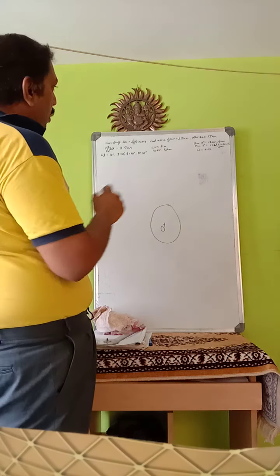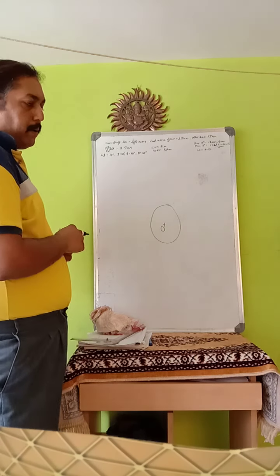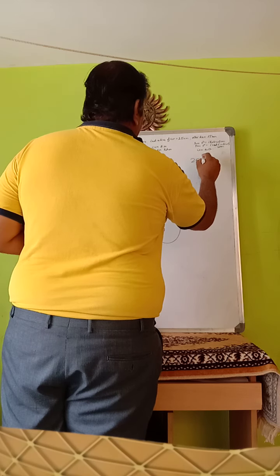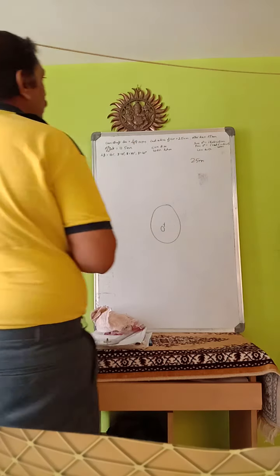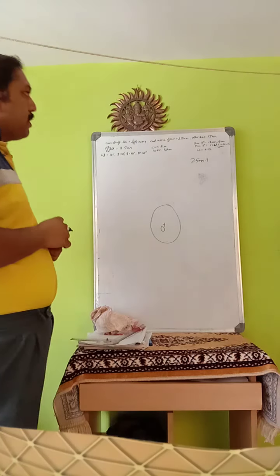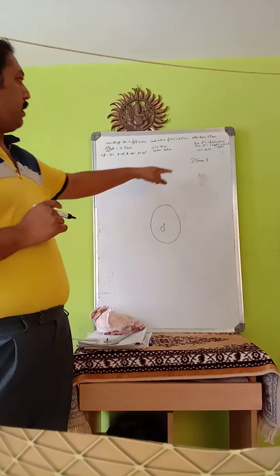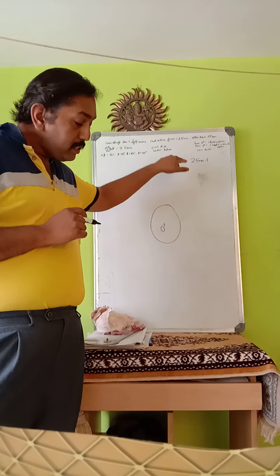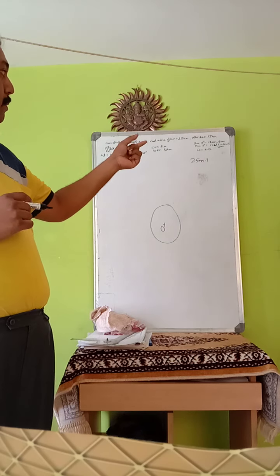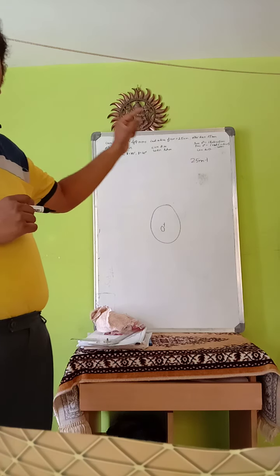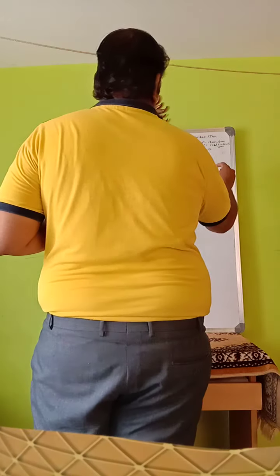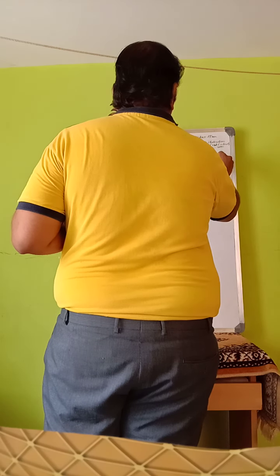Here the roller diameter is given as 25 mm, so the radius will be 12.5 mm.